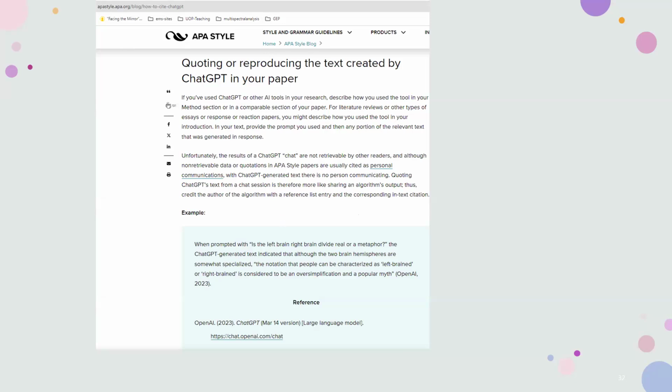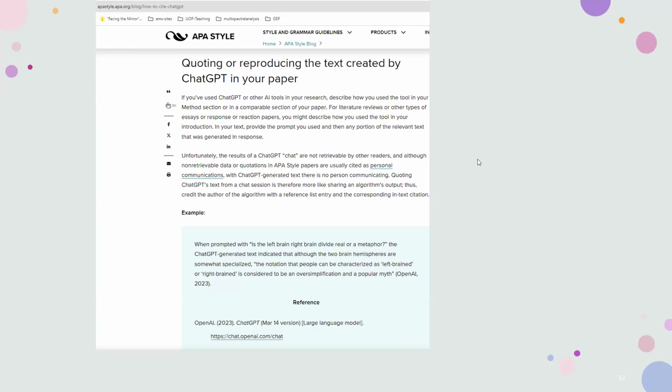And it is now not recommended at all to list generative AI tools as an author. When these tools were introduced close to the beginning of 2023, we actually had papers that had ChatGPT as an author, but it's not accepted anymore.